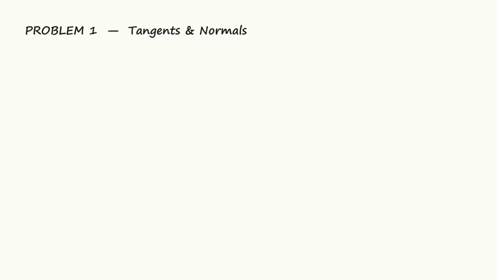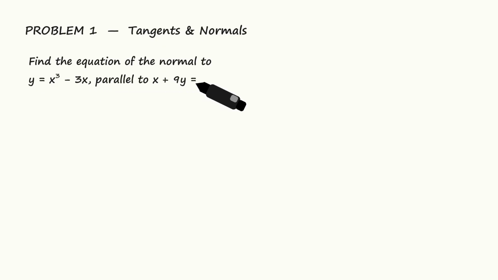Let us take a classic. Read the demand before you touch your pen. They want a normal, and they have told us it is parallel to a given line. Parallel means equal slopes. That one word is the hook the entire question hangs on. Step 1.